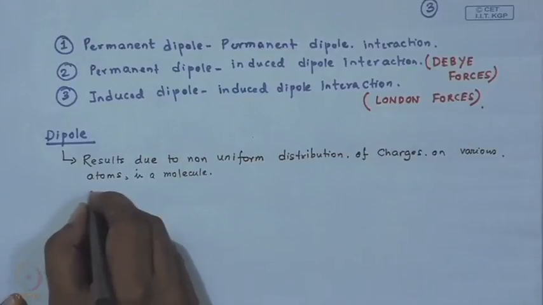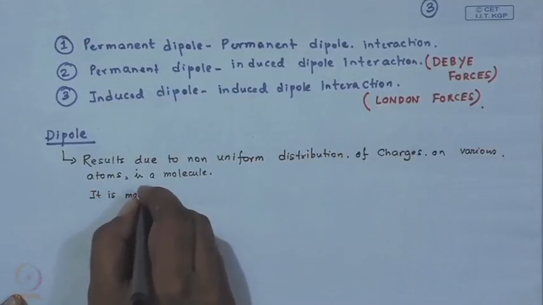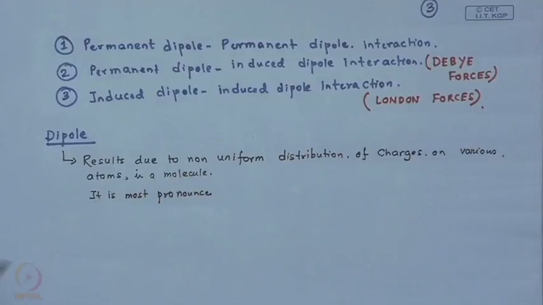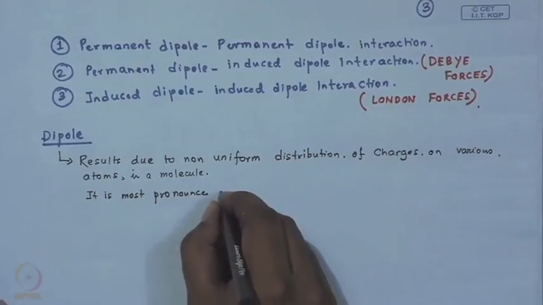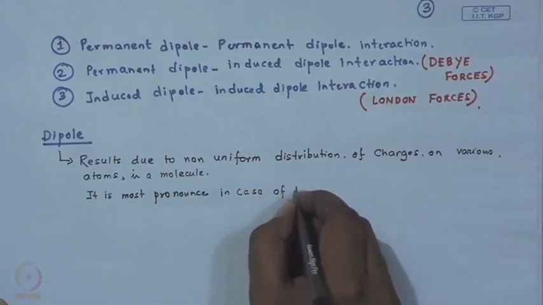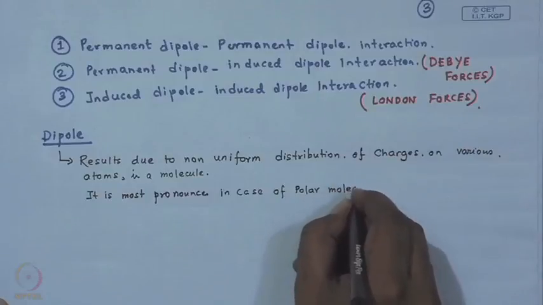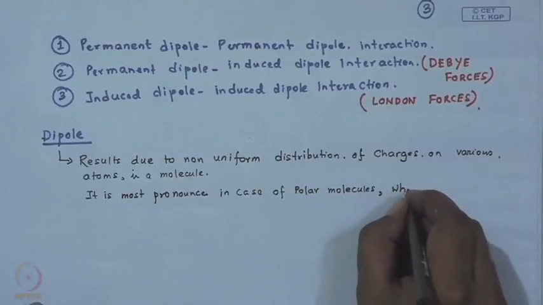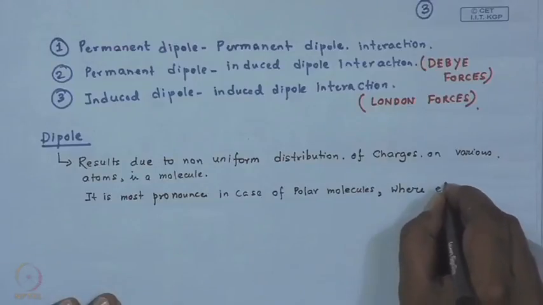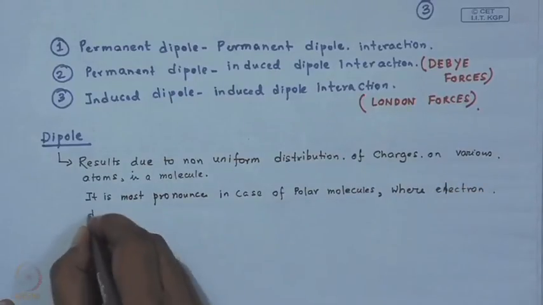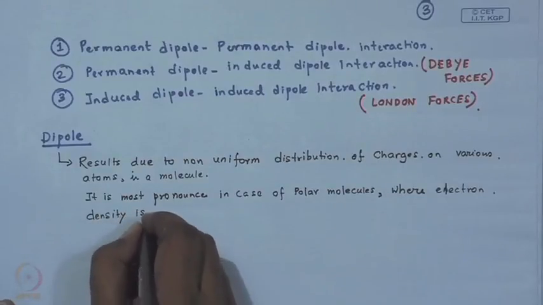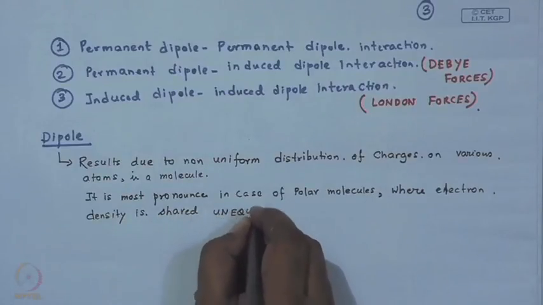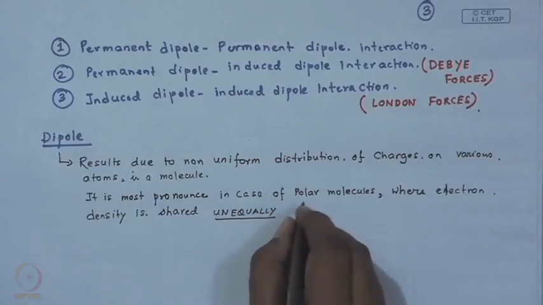It is most pronounced in case of polar molecules, where electron density is shared unequally between atoms.